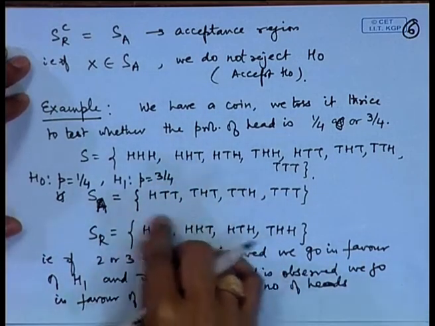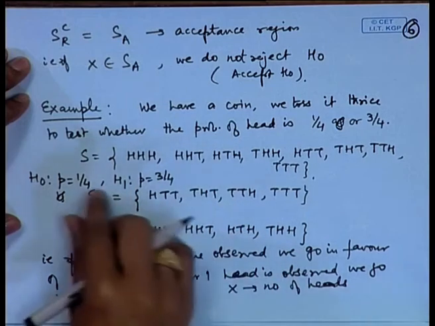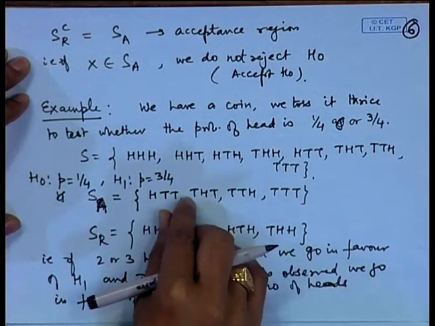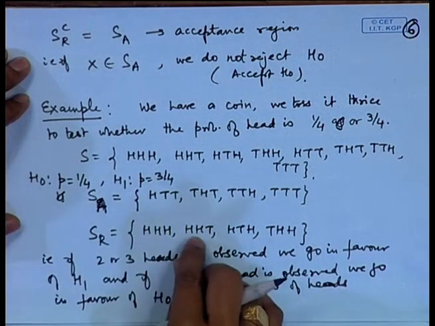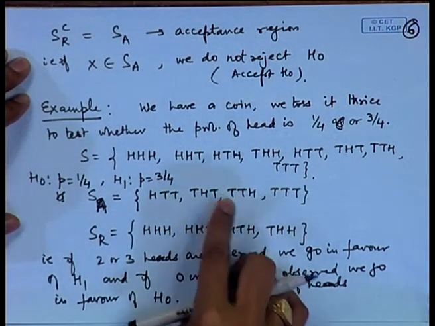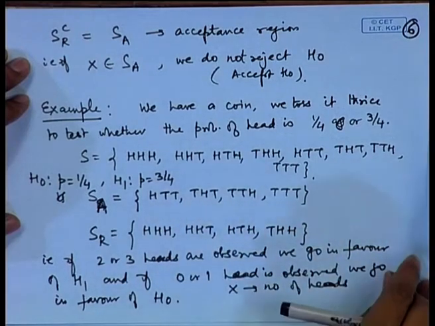I have given here one region: the acceptance region is when either 0 or 1 head is observed and we reject H naught when 2 or 3 heads are observed. Let us calculate the probabilities of type 1 error and type 2 error for this problem.